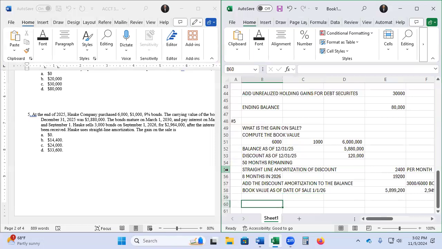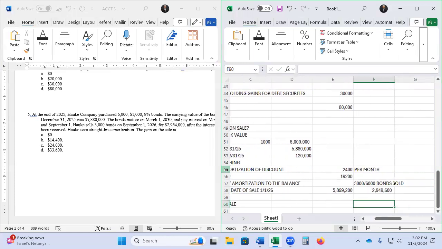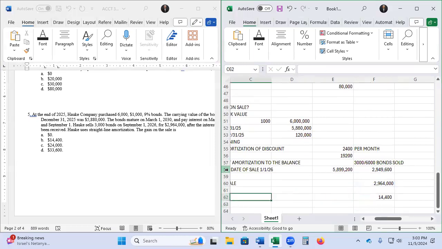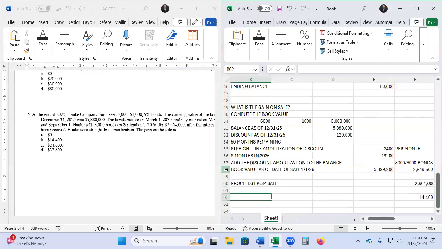Our proceeds from sale are $2,964,000. So the difference, in this case, 14,400 is a gain.